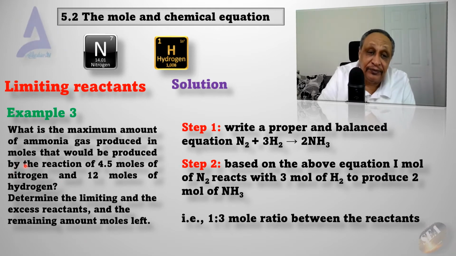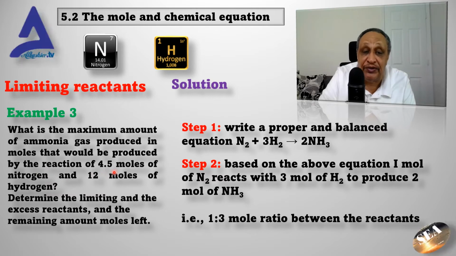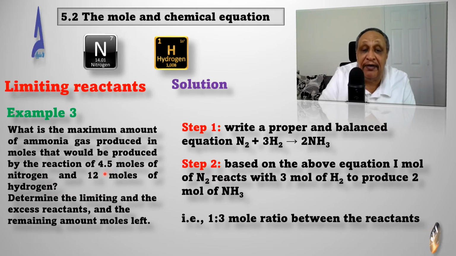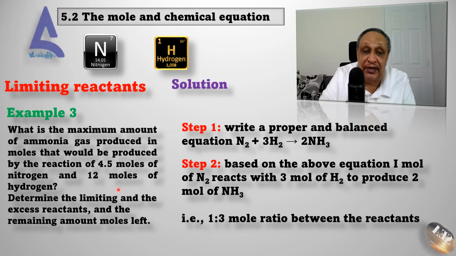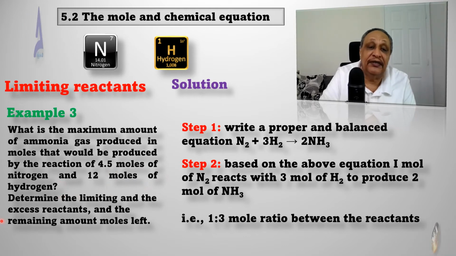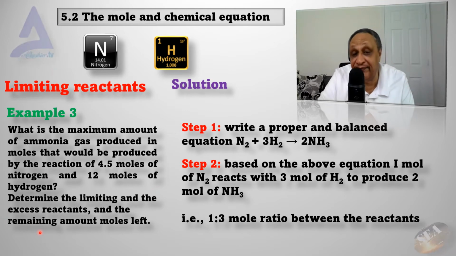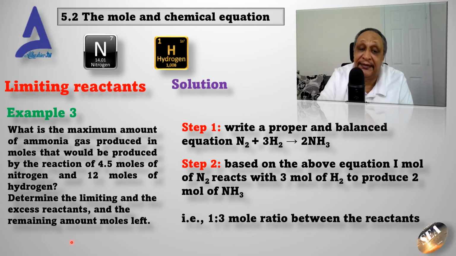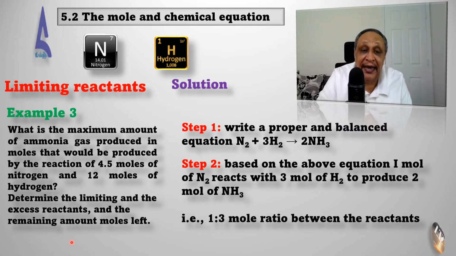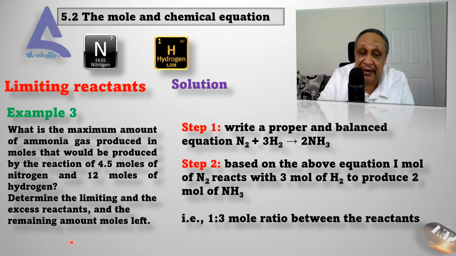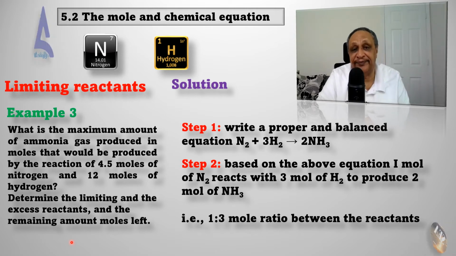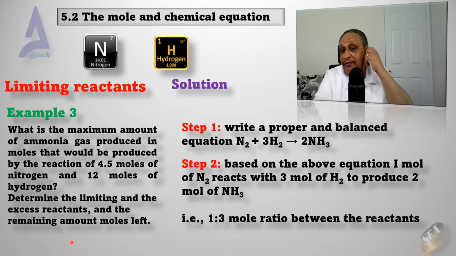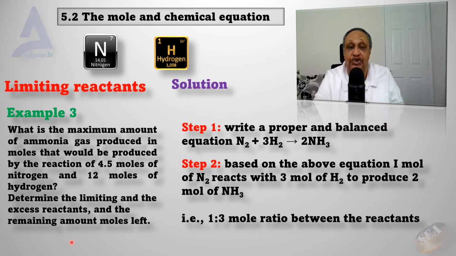Second, the maximum amount of the product produced when we react 4.5 moles of nitrogen and 12 moles of hydrogen. This is the first part. The second part is to determine the limiting and the excess reactants and the remaining amount of moles left. Let us go one by one and see what we should do.